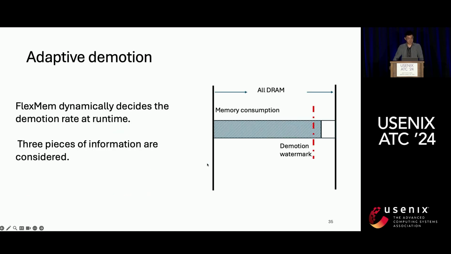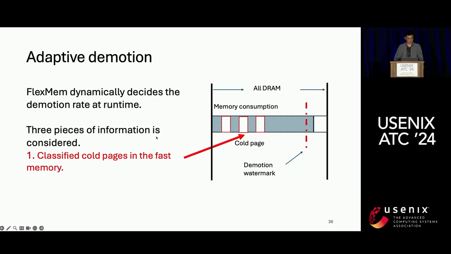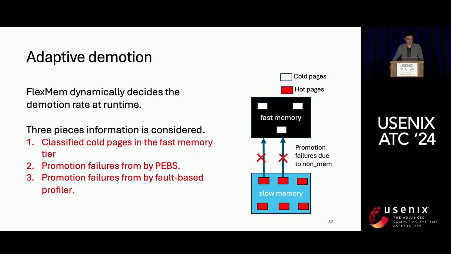FlexMem will dynamically decide the demotion rate at runtime. Three pieces of information are considered. The first one is the classified cold pages in fast memory. This information can be obtained from a profiler. The second and third are promotion failures reported by either the PEBS or the page fault based profiler.